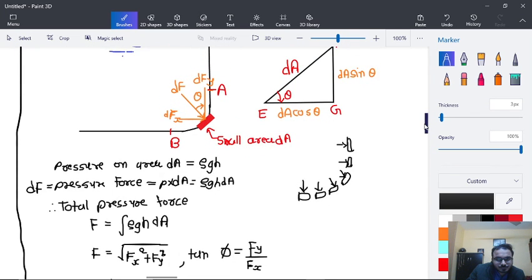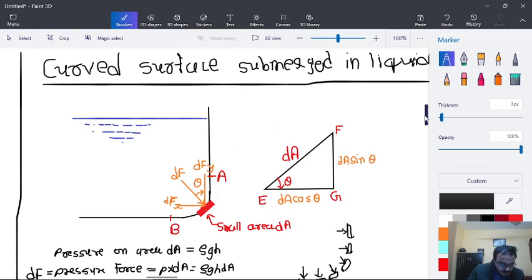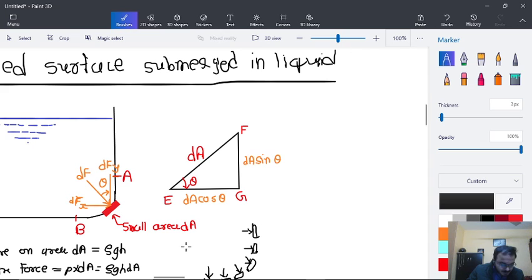So now we will focus on two different things. First is here, that is dA sin theta. So what is this? This is actually the vertical projection of the small area dA, that is this portion.